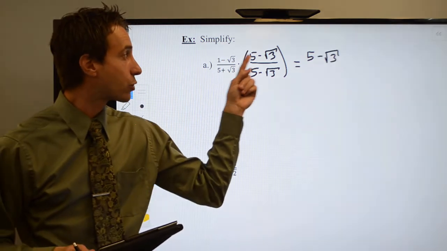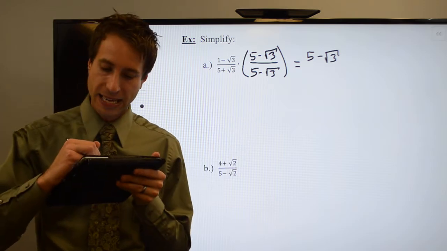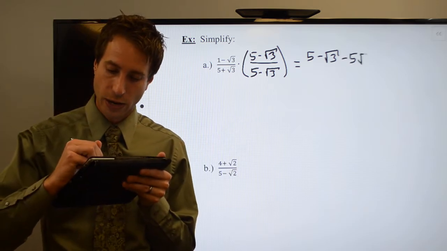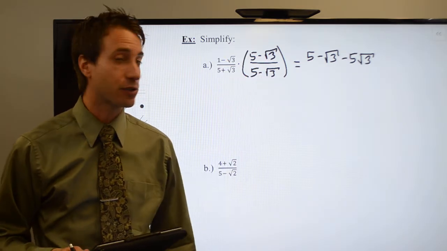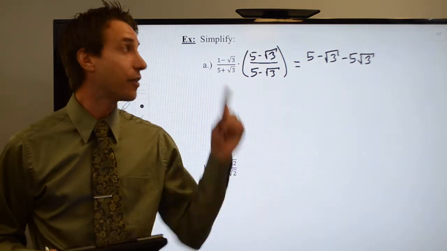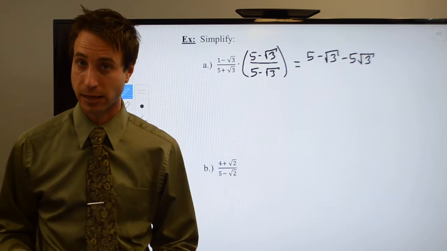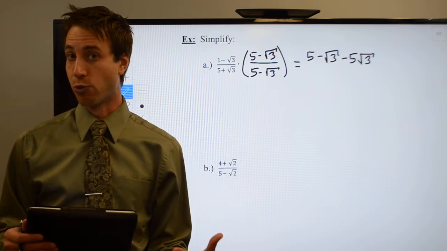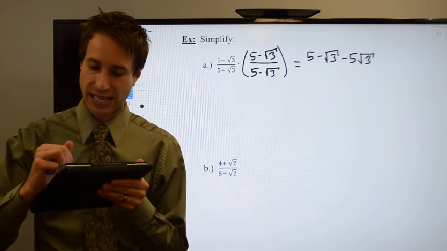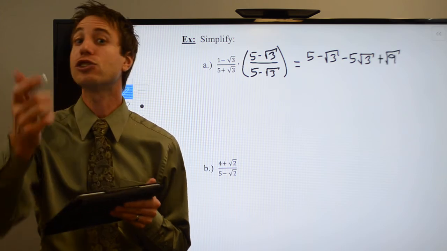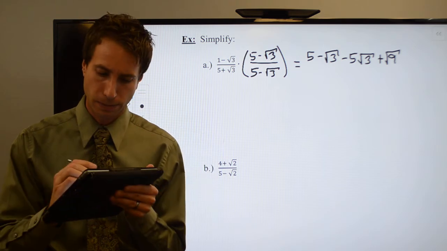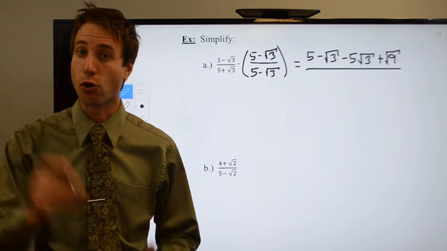Then negative square root of 3 times 5 is minus 5 square roots of 3. Then negative square root of 3 times the negative square root of 3: negative times negative makes it positive, and they're both square roots, so I multiply the 3's together and wind up with plus the square root of 9, which turns out to be a perfect square. Awesome.